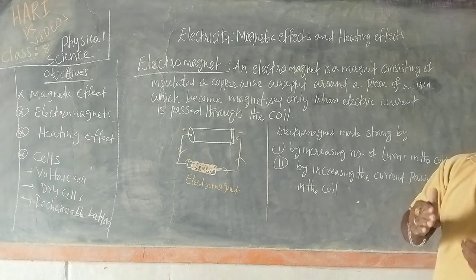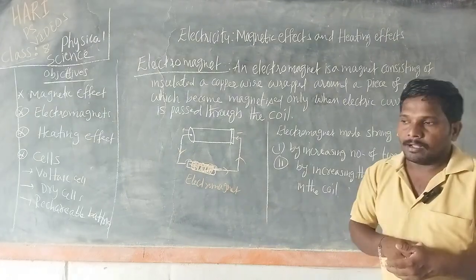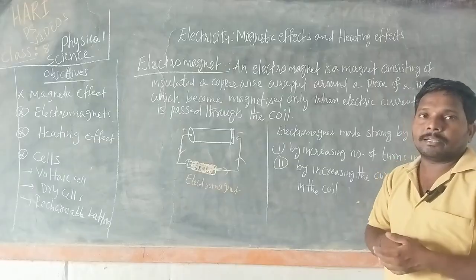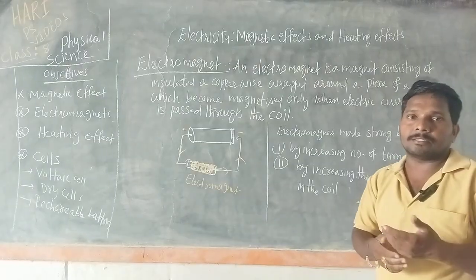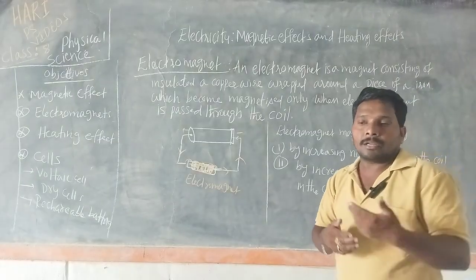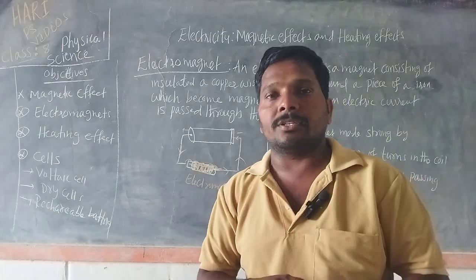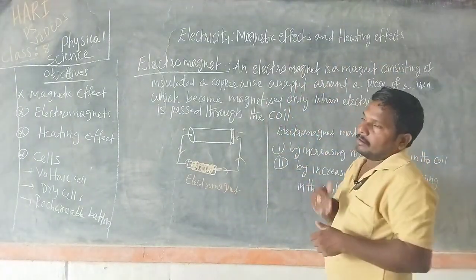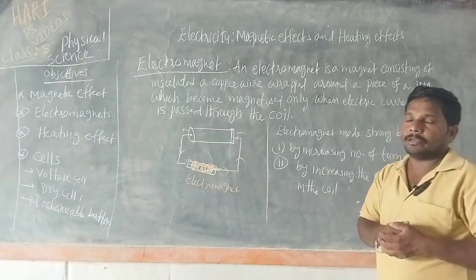When electric current is passed through a current carrying wire or conductor, a magnetic field is created around the wire and causes deflection in the magnetic compass. So, you will understand the magnetic field.